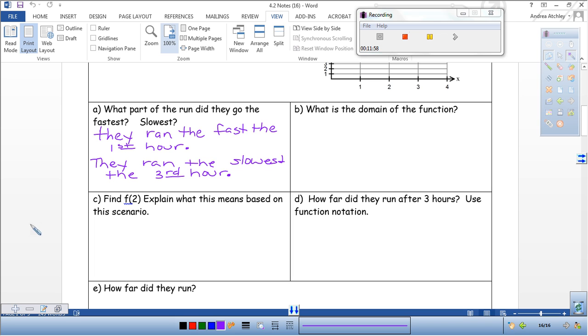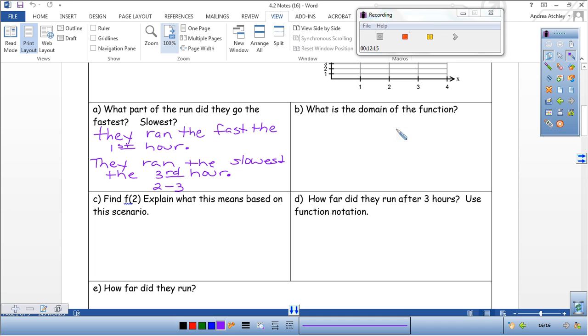No, wait, not from 3 to 4, but from 2 to 4, right? So 2 to 4 hours. Sorry, it's not 2 to 4, 2 to 3 hours. Oh my goodness. Any questions over that? Who understands that?